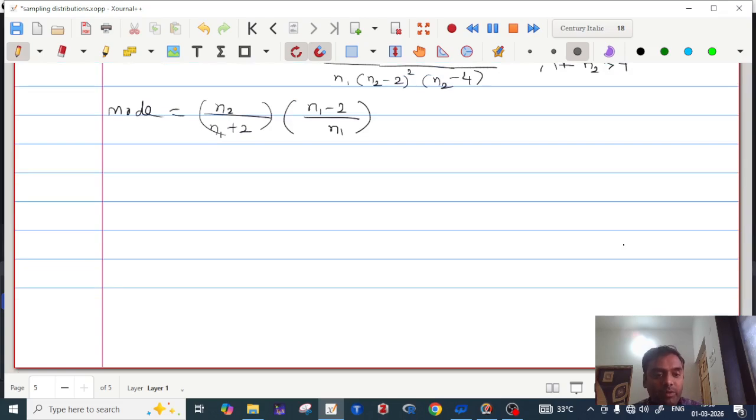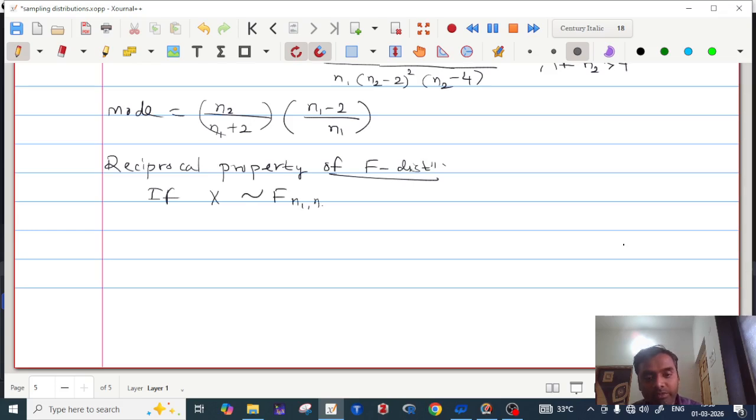Next is the reciprocal property of the F distribution. This property is: if X follows the F distribution with n1 comma n2, then 1 upon X follows F with n2 comma n1.